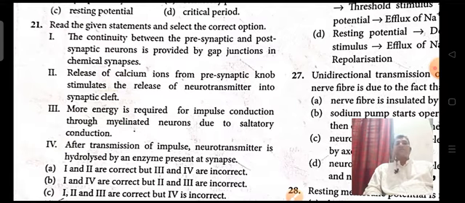More energy is required for impulse conduction through myelinated neurons. After transmission of impulse, the neurotransmitter is hydrolyzed by the enzyme present at the synapse.